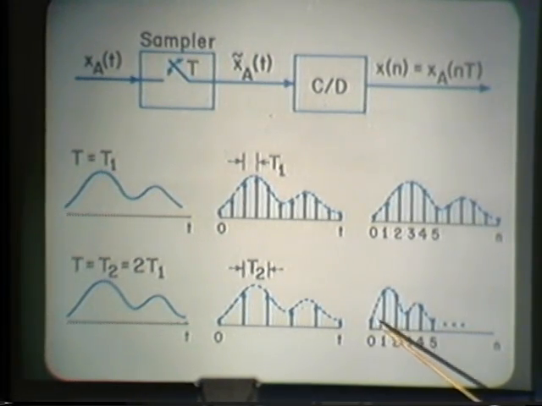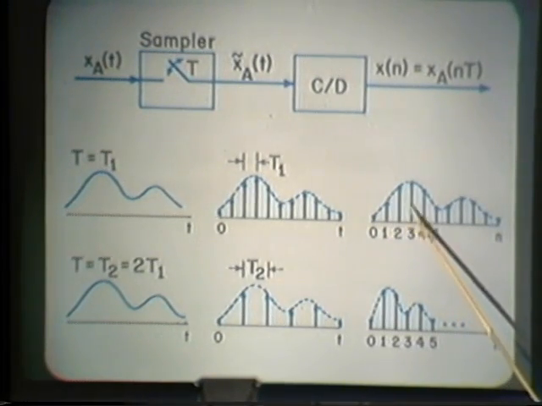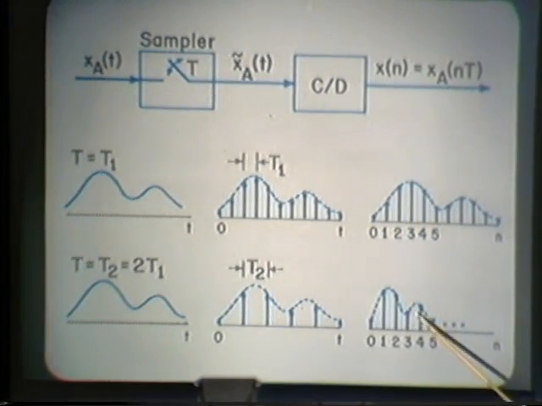Well, we have the areas of these impulses lined up along this axis, again at integer values of n. That is, the spacing of the lines when we look at the sequence here must be exactly the same as the spacing of the lines here. It's just that the values are different because we picked out samples at different instants.